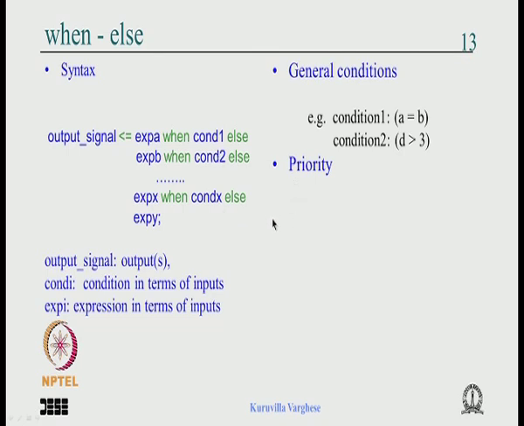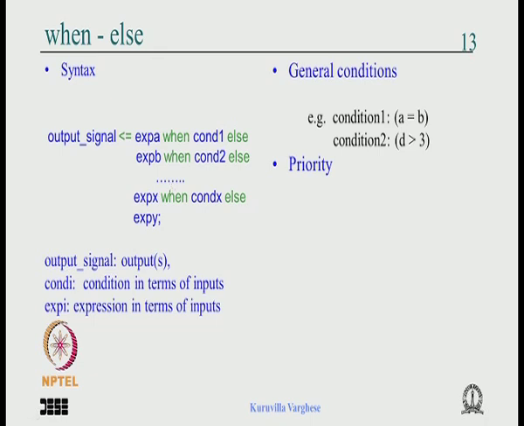So it is a little more powerful because you see this condition 1 can be in terms of 2 signals, and condition 2 can be another group of signals, and this expression itself can be some inputs. So it is quite a powerful, quite an abstract statement, much more powerful than with select.